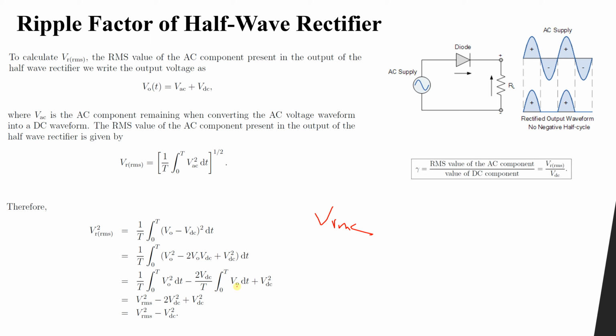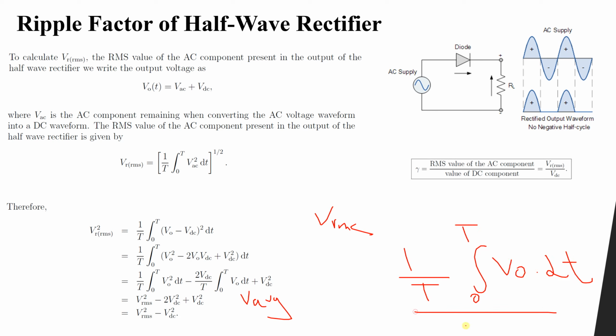Now the integration of this part, 1 over T, integration from 0 to T of Vout dt. What does this represent? It represents Vaverage, right? So it will be Vaverage multiplied by 2 VDC over T. And Vaverage is similar to VDC, so we can say Vaverage is VDC.